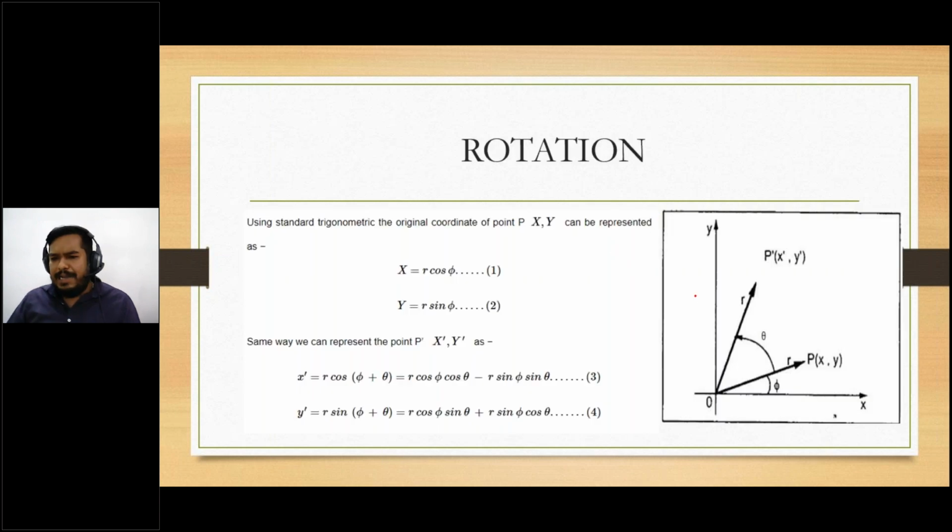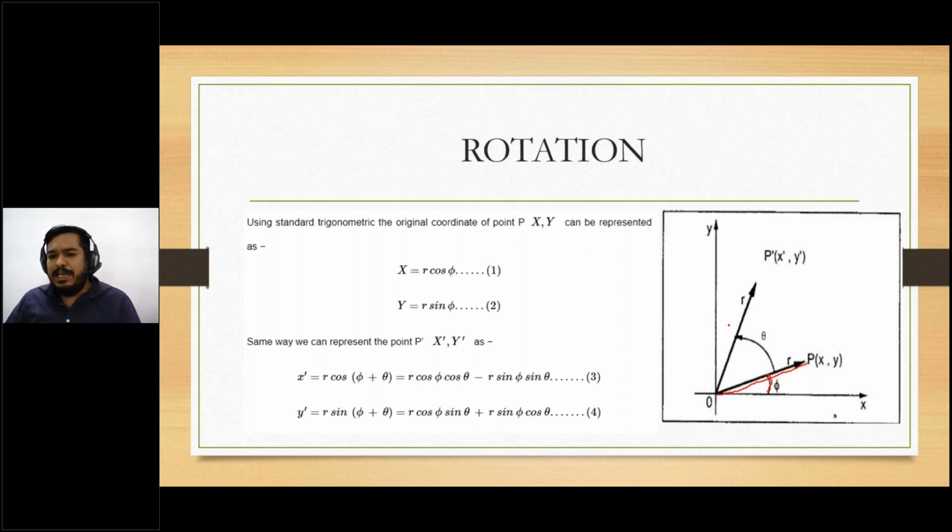You can see that this is the object. Here I am talking about MRI registration, so I will call that object an image. It actually resides in a two-dimensional plane at an angle called phi. Now I am rotating that object from phi to theta.